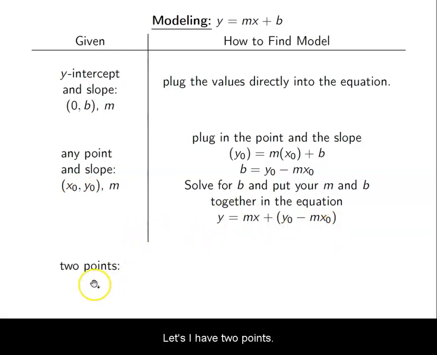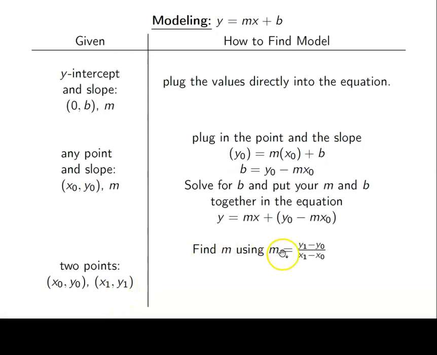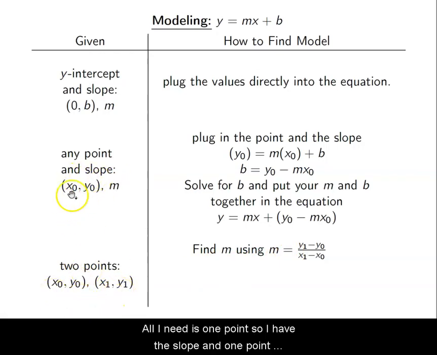Okay, let's say I have 2 points, x naught, y naught and x1, y1. Then I will find the slope using the equation for slope. So change in y over change in x. Now what happens is that I have the slope and I have 2 points, but all I need is 1 point.